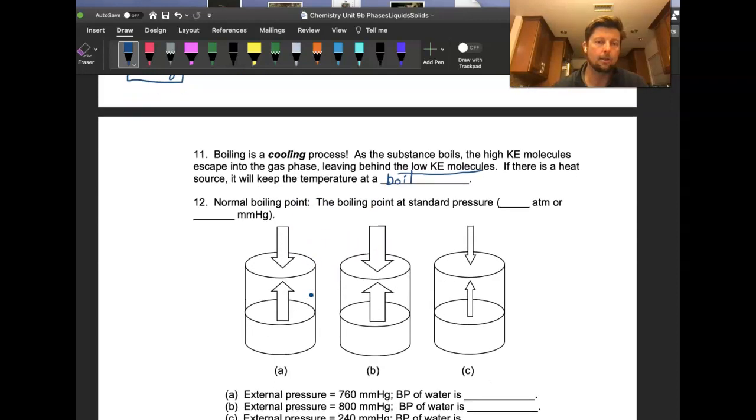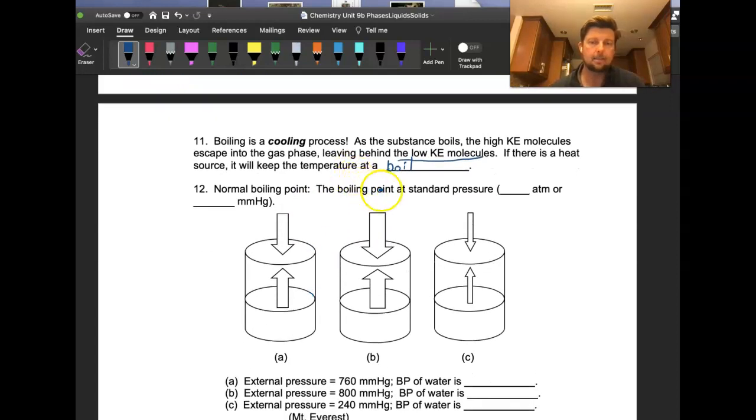The normal boiling point of a liquid is the boiling point at standard pressure, which we should all remember is 1 atmosphere or 760 millimeters of mercury. 760.